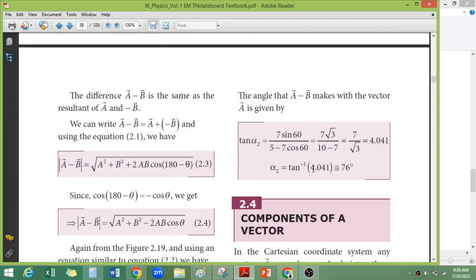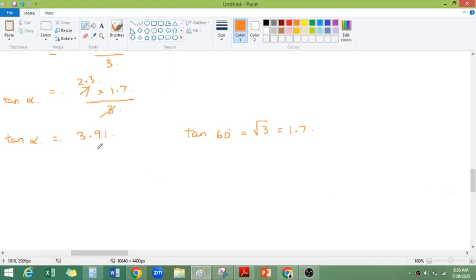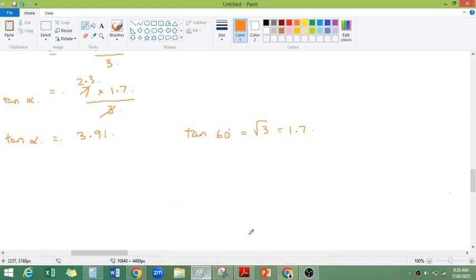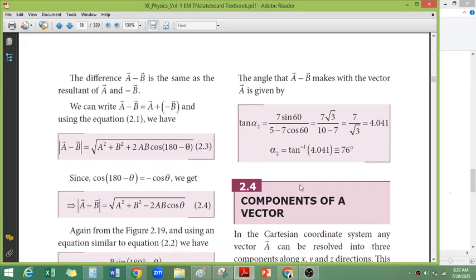Direction is tan inverse of 4.04. Okay, I got 3.9, maybe it's some accuracy error. Close enough. As I said, more than 60 degree, so somewhere around 76 degree.